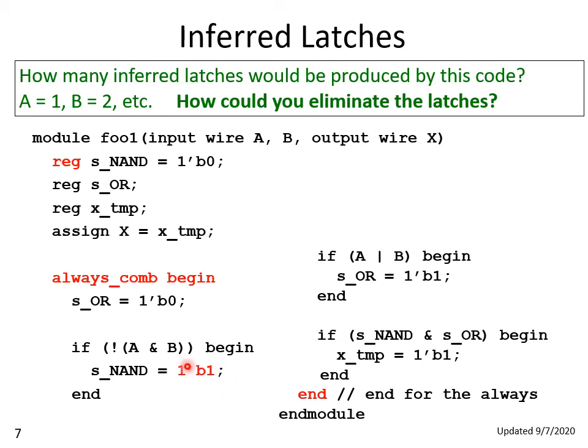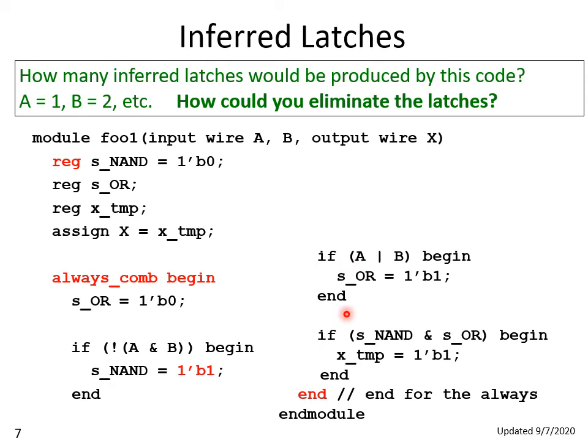And in order for S NAND to hold that value even when this is false, it's going to need a latch to retain the value. So S NAND will have a latch. We've got one latch. Okay, we already talked about S OR.